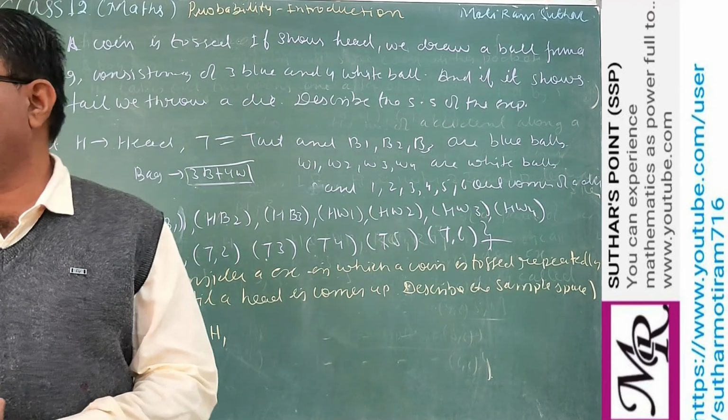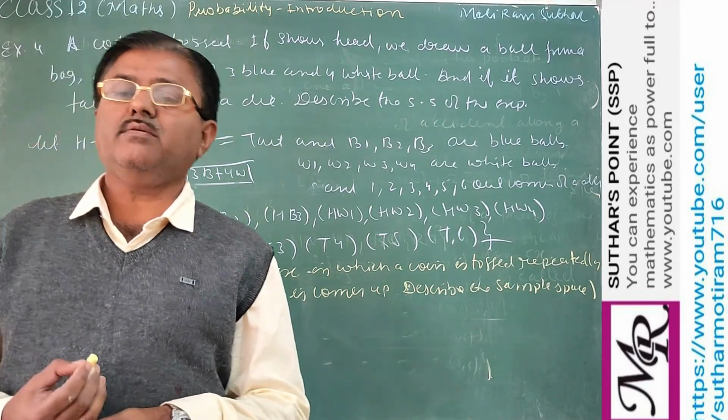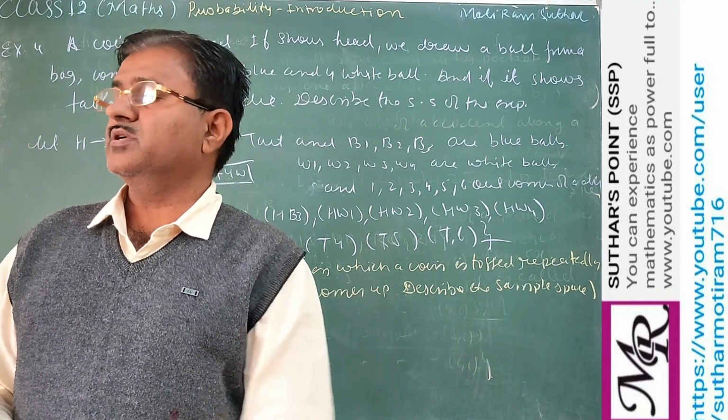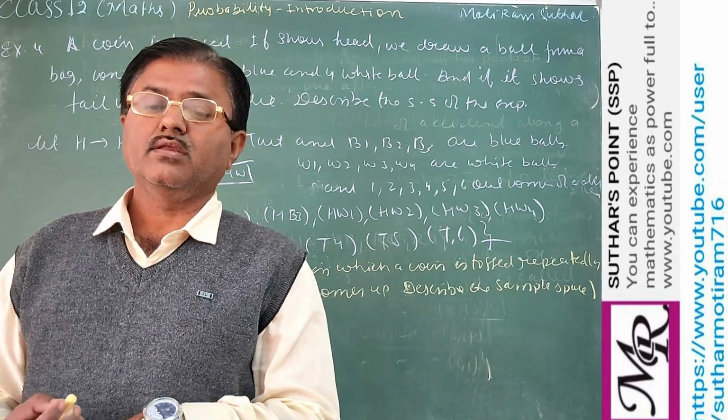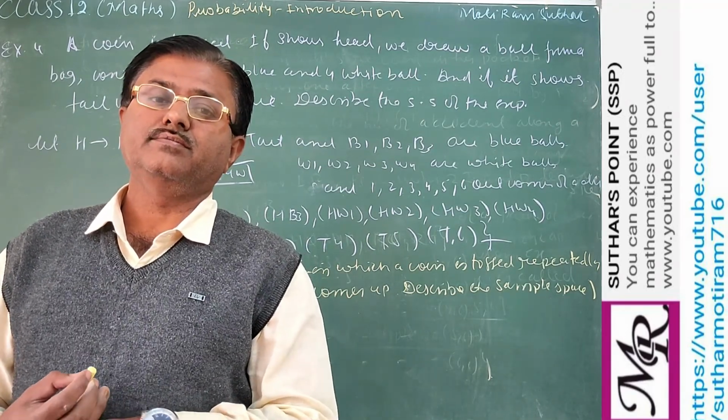If we are throwing coin and we are not getting head the first time, it means we are getting the tail.